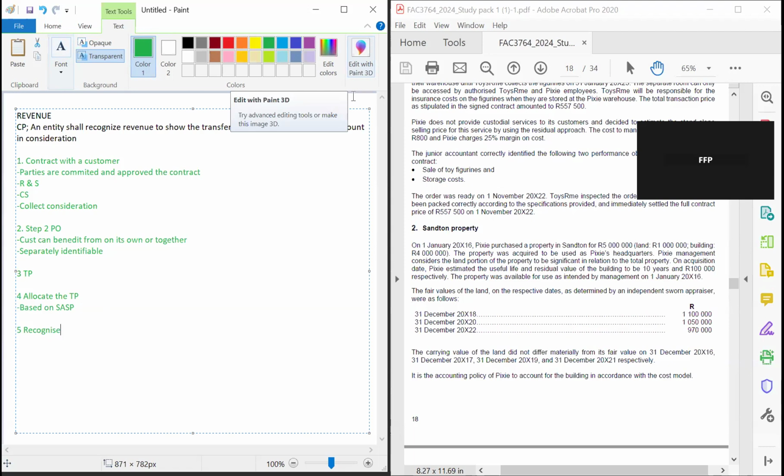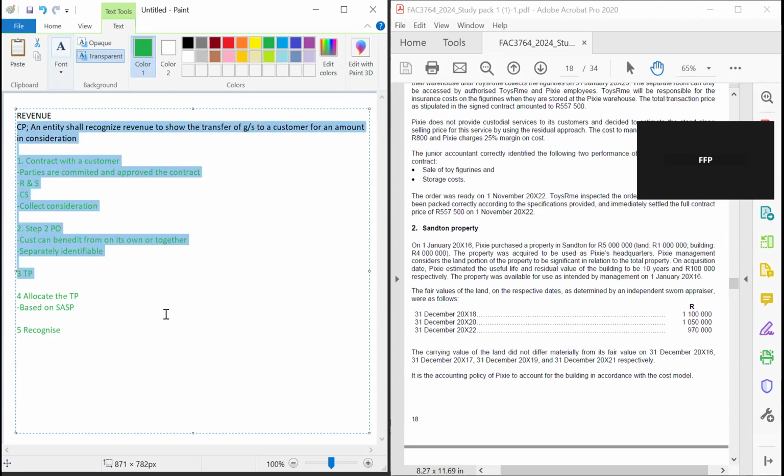Obtains control. Okay, great. So now these are the 5 steps of the revenue recognition criteria, right? So we are now going to read the question and understand and apply, right? So that we can move from this revenue element and move to PPE, right?